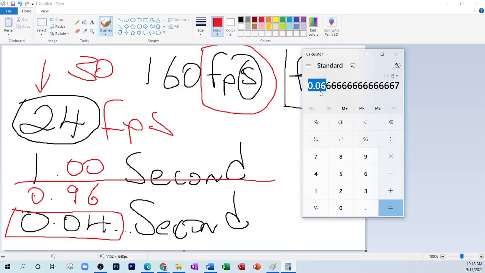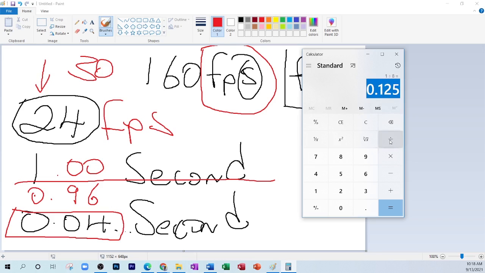So let me see, if we go higher, 1 divided by 24. Okay, so if we go lower now, 1 divided by 8, so we go by the lowest. 0.125. So basically, if we wanted 8 frames per second, the image needs to last 0.125.